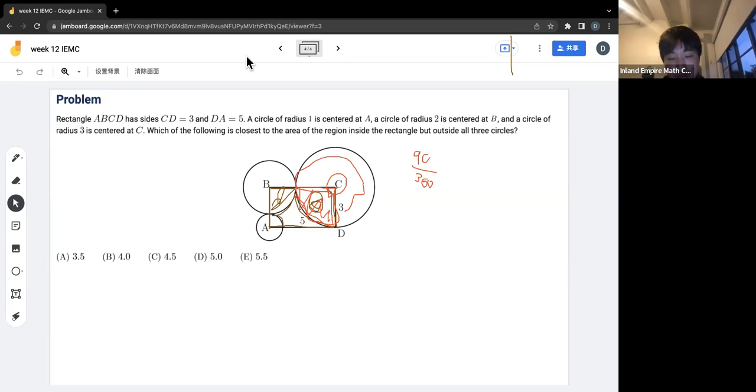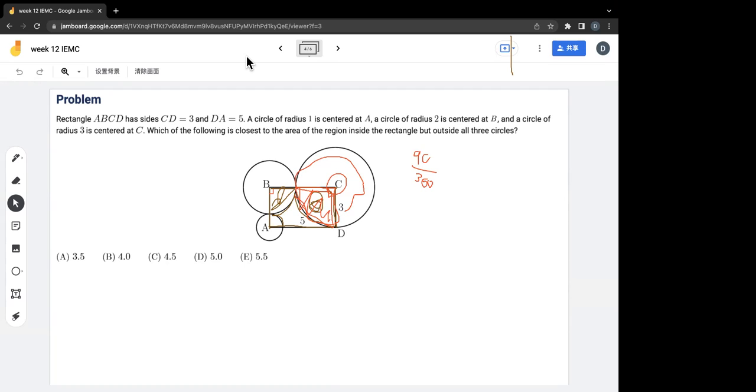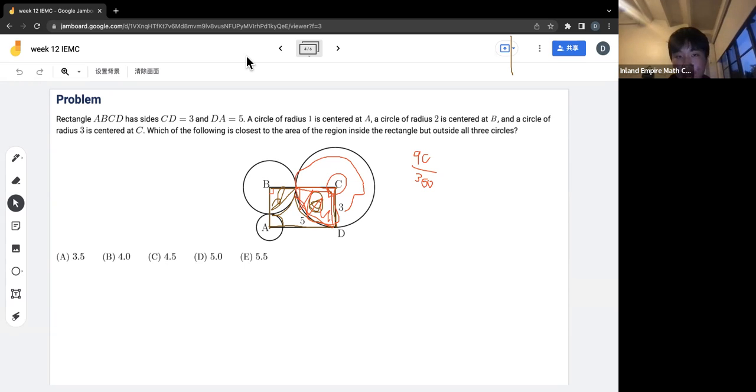And remember, we know that they're quarter sectors because each of these angles of the rectangle is by definition 90 degrees. So does anyone know how we can find the total area of this circle right here? Because we know that the radius is r.